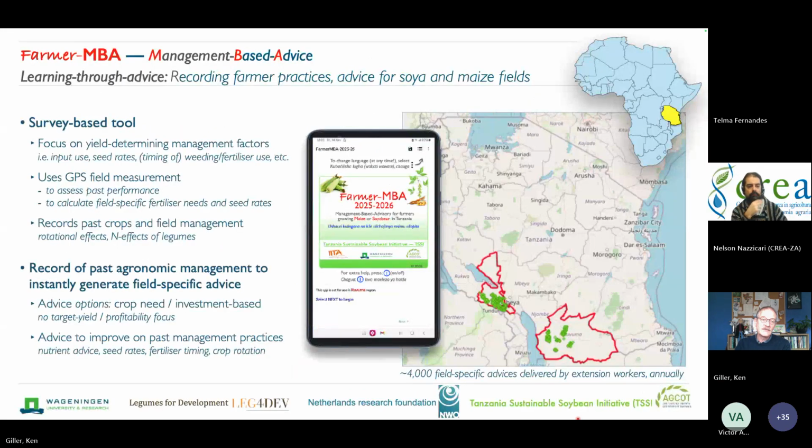And then my final example is working in southern Tanzania. This is the grain basket of Tanzania. Again through digital technologies, this is a management-based advisory for farmers, a survey-based tool, which records farmer practices for soy and maize fields, and then uses that information on practices to generate field-specific advice for farmers.